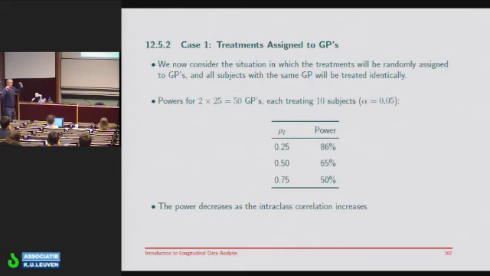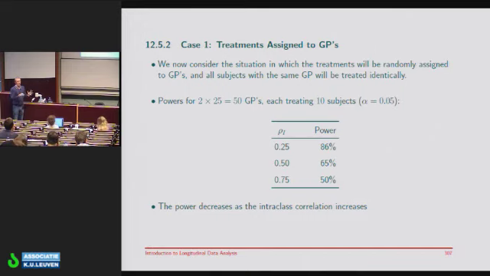And now I'm going to look at two different cases. There's two different ways people often do experiments in this context. The first one is that treatments are assigned not to patients, but to doctors. So what it means is that you randomly subdivide your doctors in two groups, group A and group B, and then in that context, all the patients treated by the same doctor would get the same treatment.